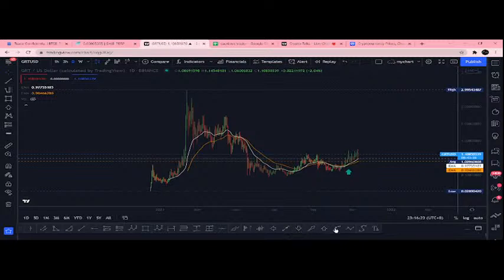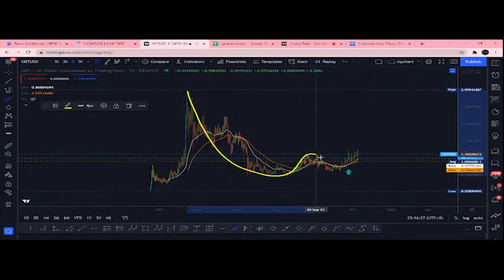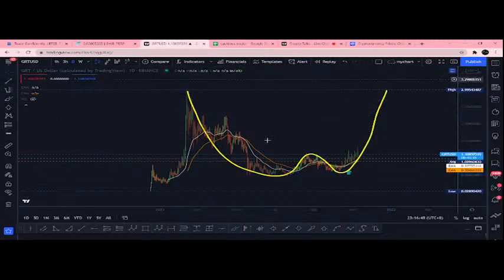Yeah, if you try to look at it, wait, where is that? There. Though I think it might possibly form this pattern.